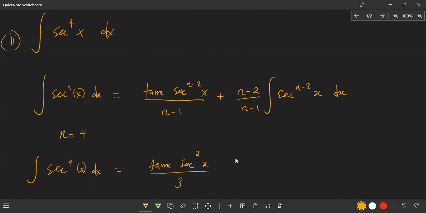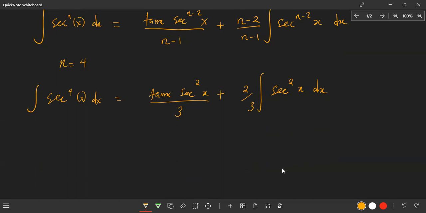Then plus 4 minus 2, which is 2, over 4 minus 1, which is 3, times the integral of sec squared x.